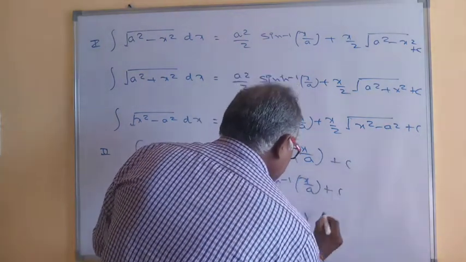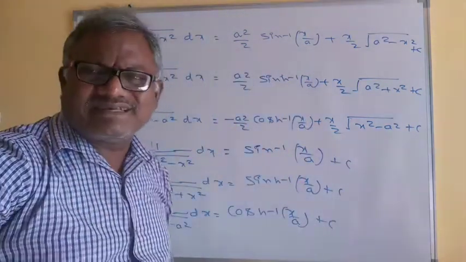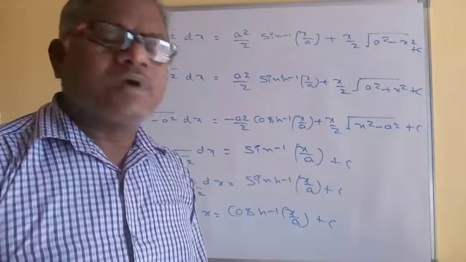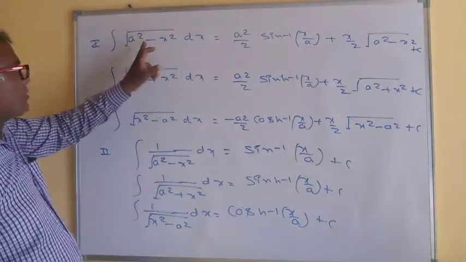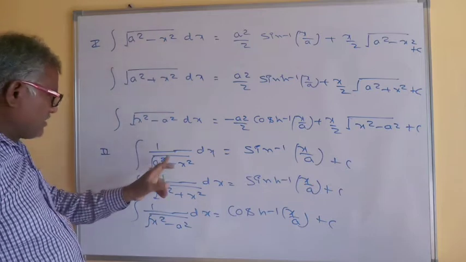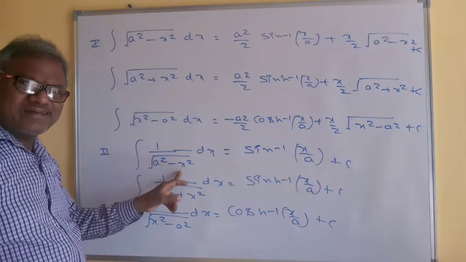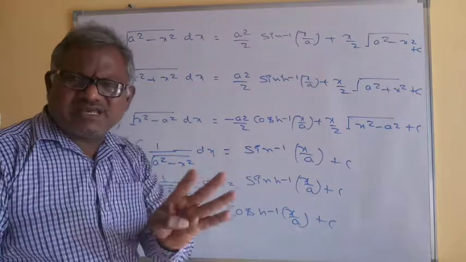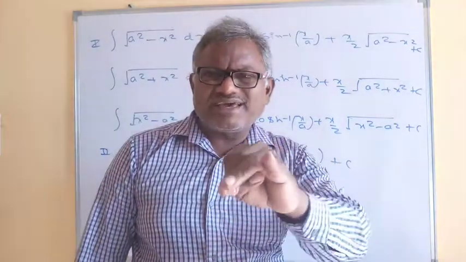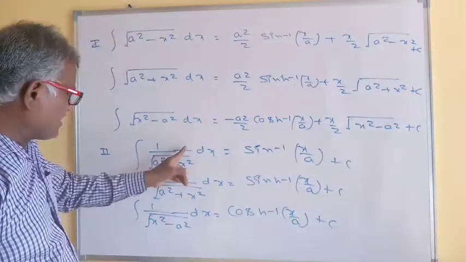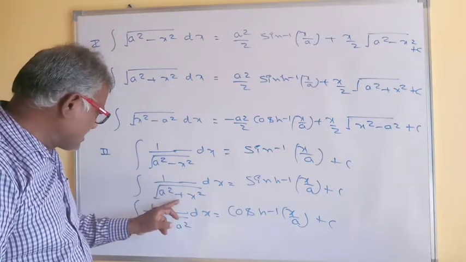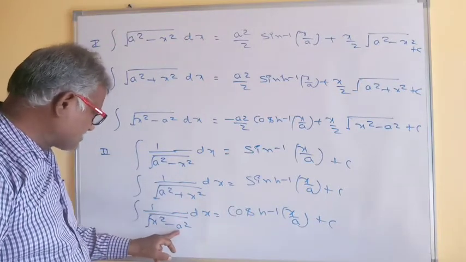Here the square root is in the denominator, and the functions are a square minus x square, a square plus x square, x square minus a square. So in the denominator, we get sin inverse x by a, sin h inverse x by a, cos h inverse x by a.